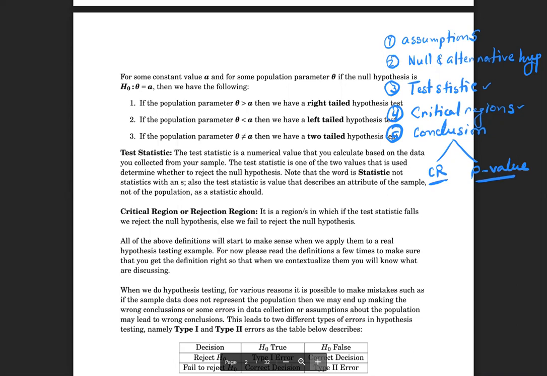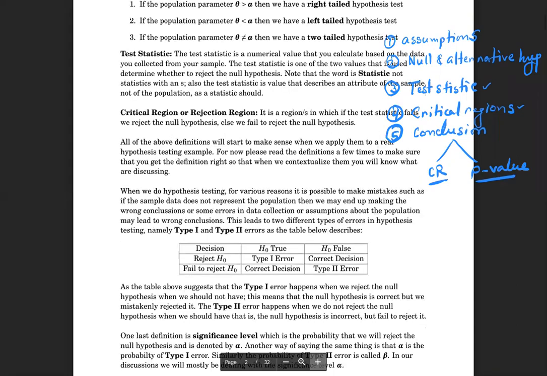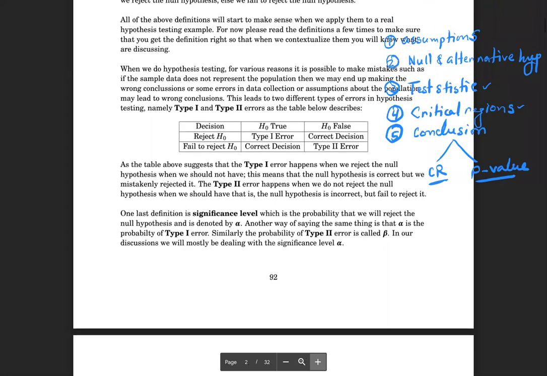All right, next, there are two types of errors that you can make when you are doing hypothesis testing. Let's say a person goes into the judiciary system and is innocent, but we find him or her guilty.